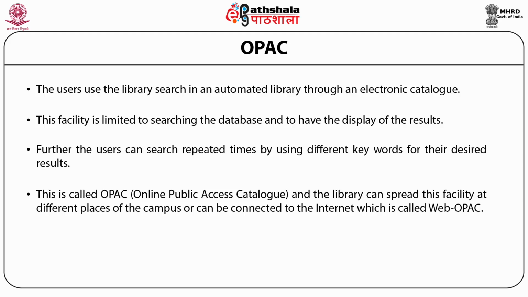Even if it has a different term, for general users it is a very convenient medium to search the catalog electronically. These days research centers and big high-tech campuses are coming up, so these OPAC facilities through nodal computers are spread all over the campus physically: in the library, in crowded places, sometimes in the canteen, the hostels, and the cafeteria.